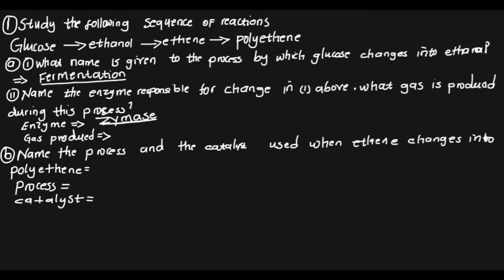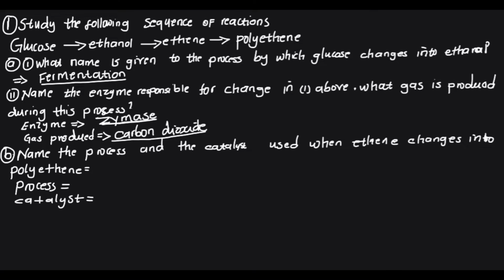The enzyme acts as a catalyst, so it is there to speed up the chemical reaction. This reaction is the breaking down of glucose into ethanol. Now, whenever we produce ethanol, the gas that is produced is always carbon dioxide. So that is the gas that is produced.